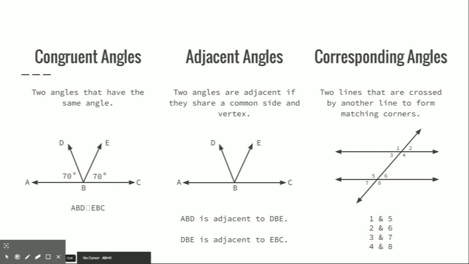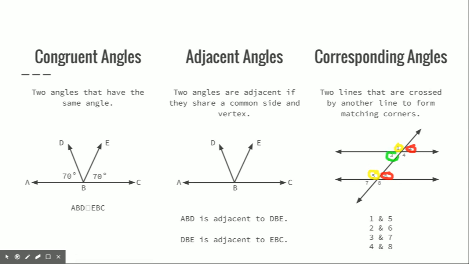Corresponding angles are angles that are crossed by another line to form matching corners. So if I look at 1 and 5, that would be corresponding angles. So 1 and 5 are in the same place, but on different lines. So those are corresponding. In the same way, 2 and 6 would be corresponding. And we've got 3 and 7.